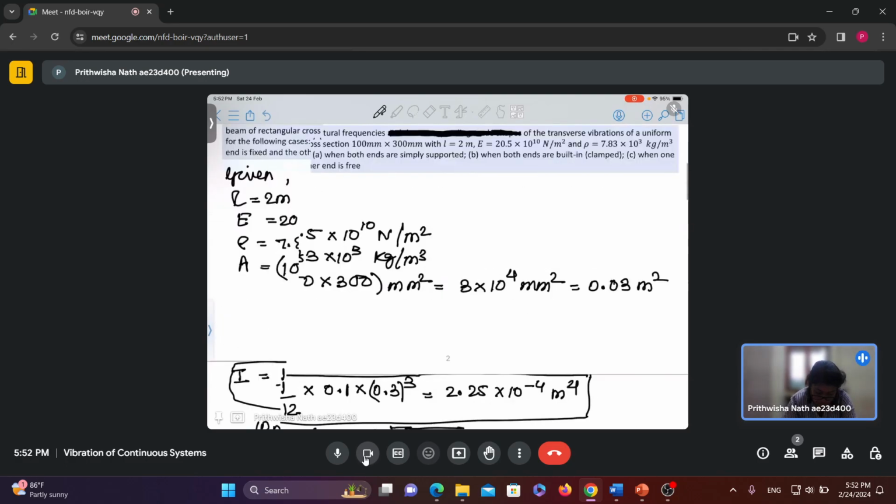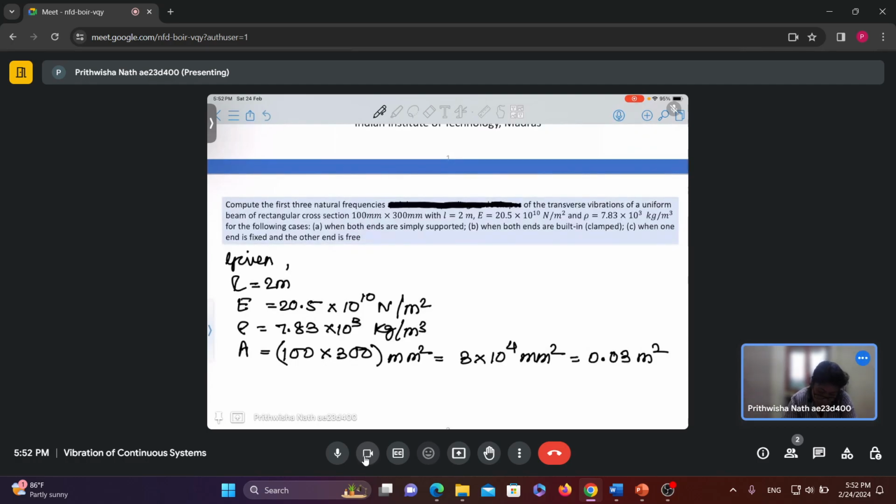Now the last part of the question, when one end is fixed and the other end is free.